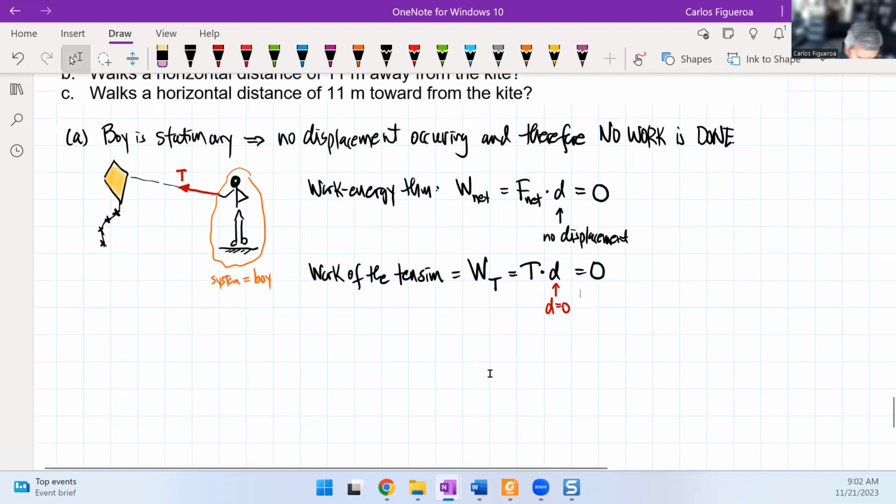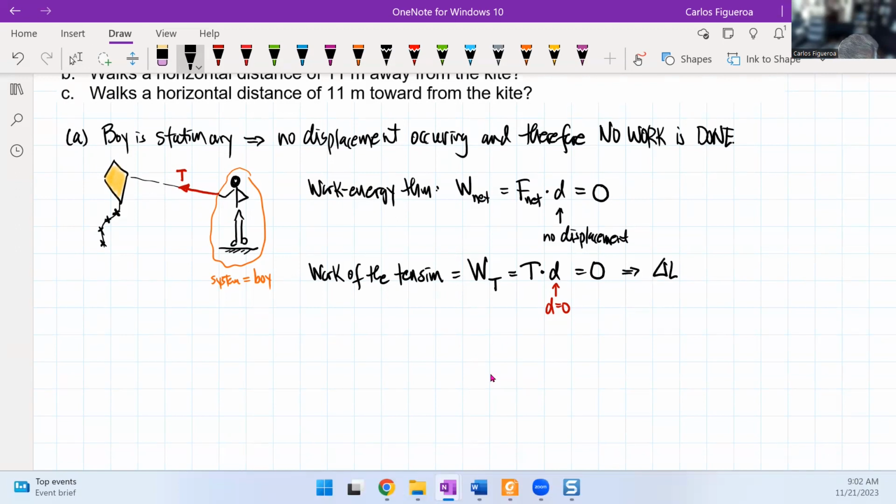But if I look at the system here, what does that mean? Well, that means that in order for this boy to have no change in energy, there has to be no work done by the tension. So in other words, the tension does not change the energy of the system.